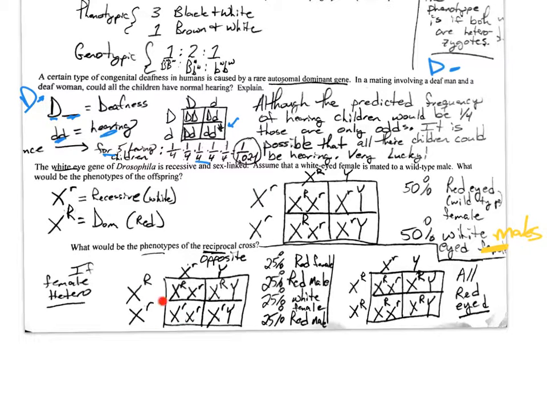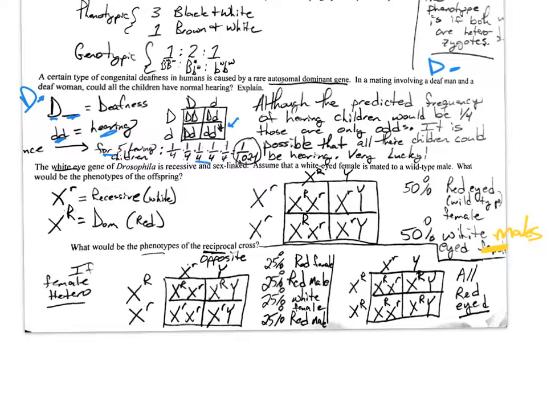If it's heterozygous, 50% of the females are going to be white-eyed, and 50% of the males will be white-eyed, right? But if it's homozygous red, then all the females have red eyes, but they're heterozygous, and all the males are red-eyed, and that's all they are.